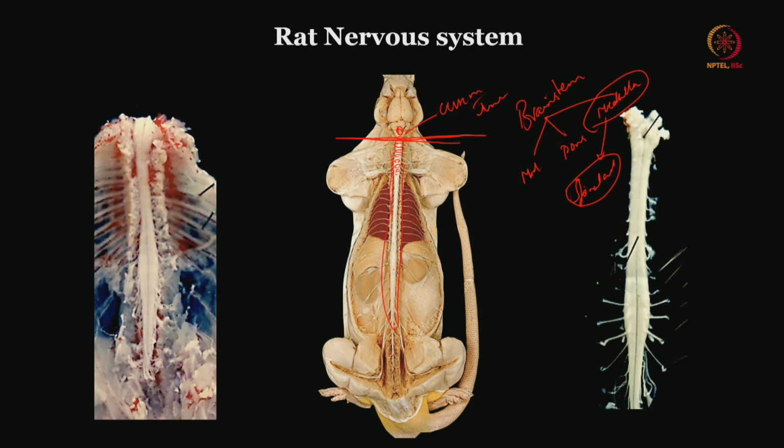of the spinal cord. And from the spinal cord, you should remember that there are various cable-like structures which go out from the spinal cord. That is how the nerves are arranged, and the spinal cord is like a big cable.